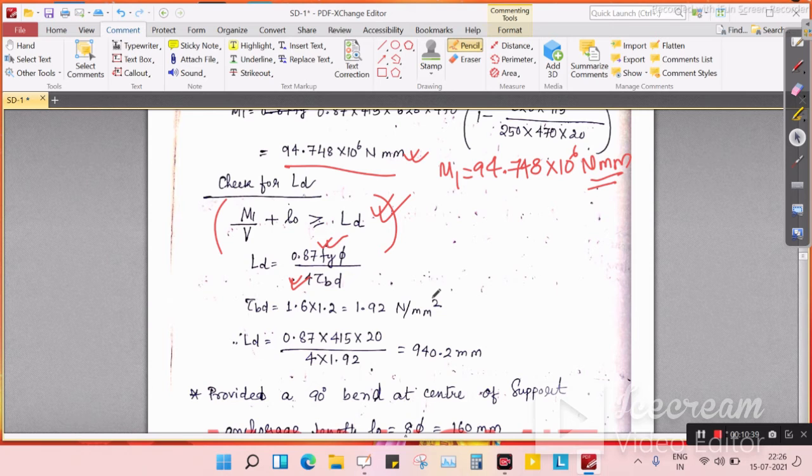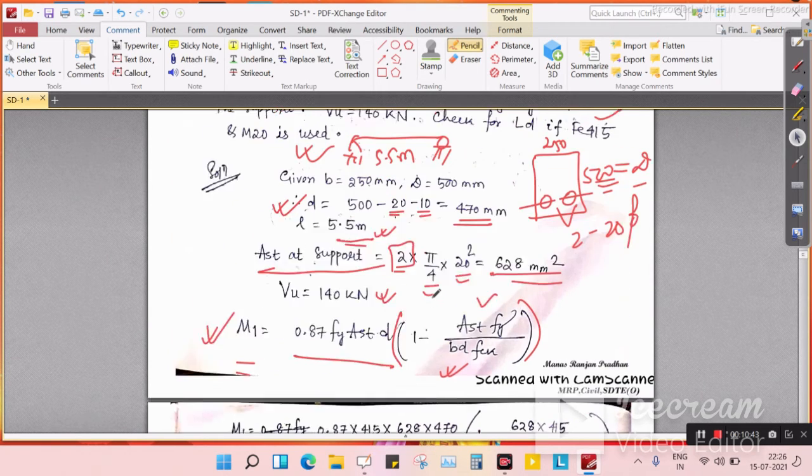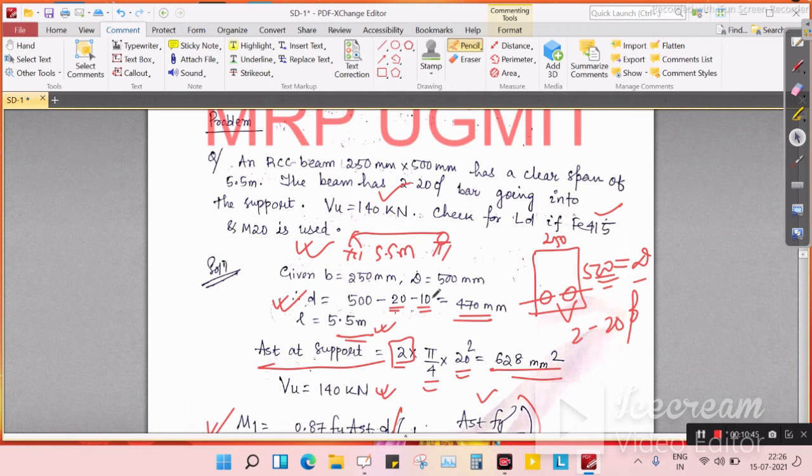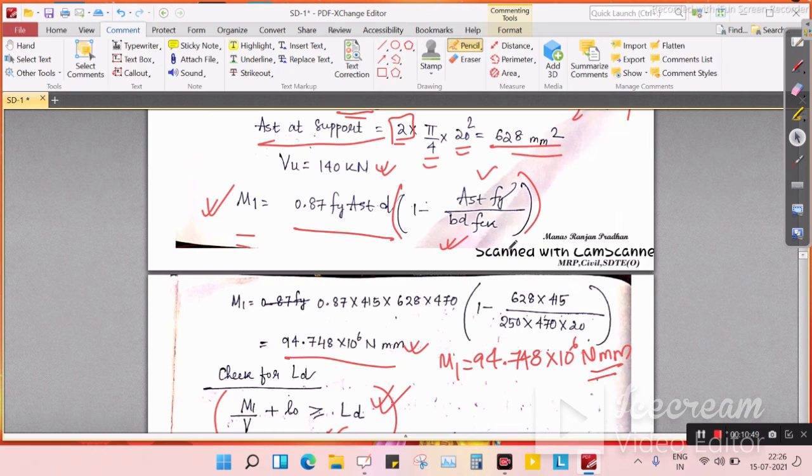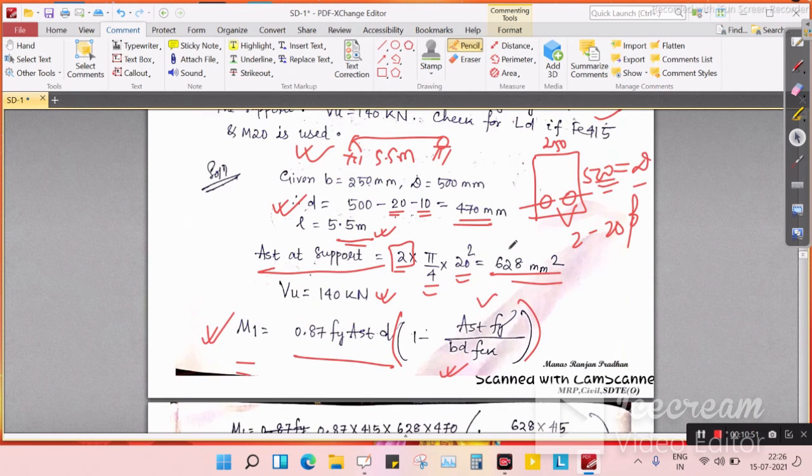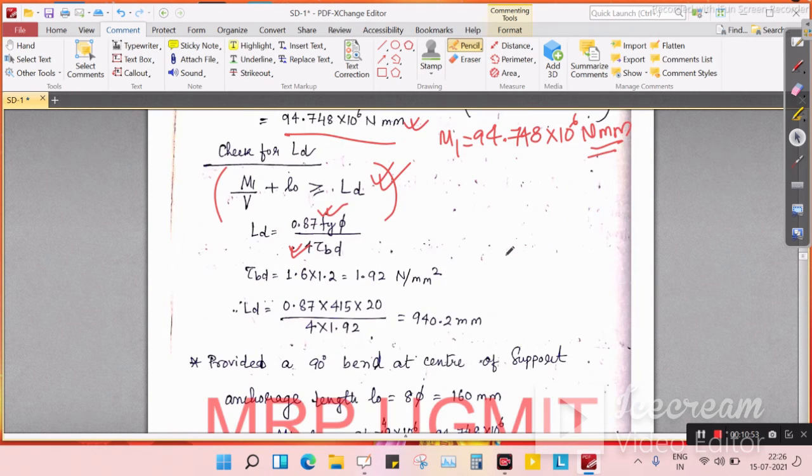So tau bd value is 1.6 into 1.2, because for deformed bars it is increased by 60%. So tau bd is 1.2 for M20, and for deformed bars it is increased by 60%. So this becomes 1.92 Newton per mm square. The development length is 940.2 mm.